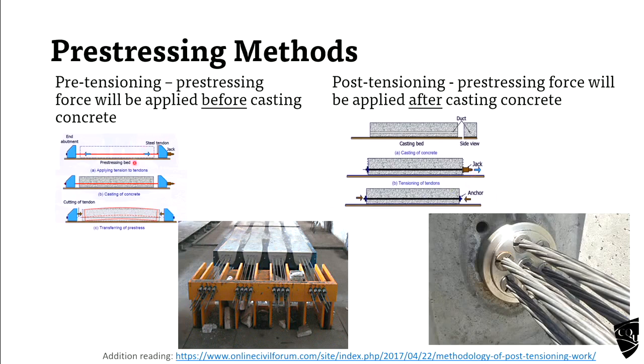The first one, look at this one. We take a steel wire and stretch it. This is a fixed end, and this is another fixed end. Using a jack, we pull that steel wire. What will happen? The steel will be under tension.